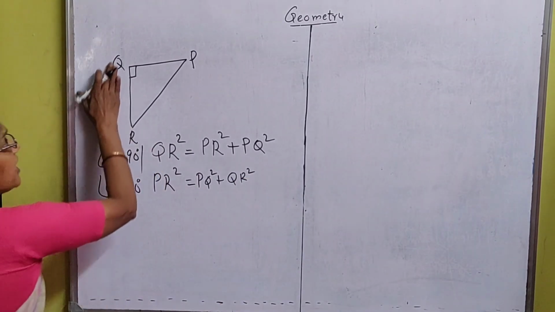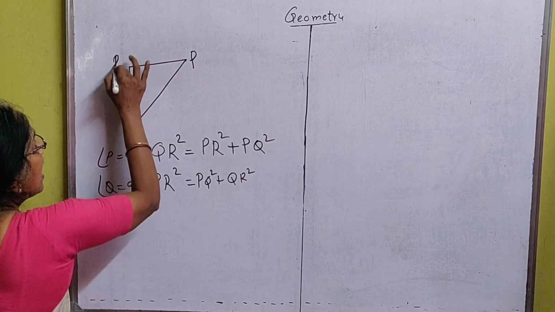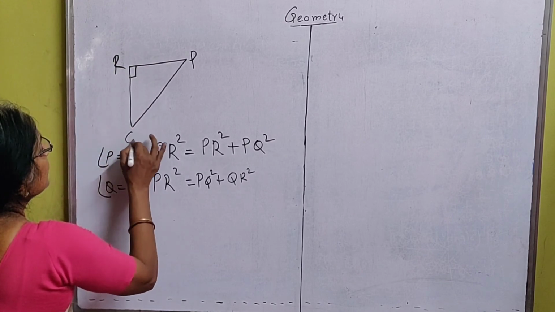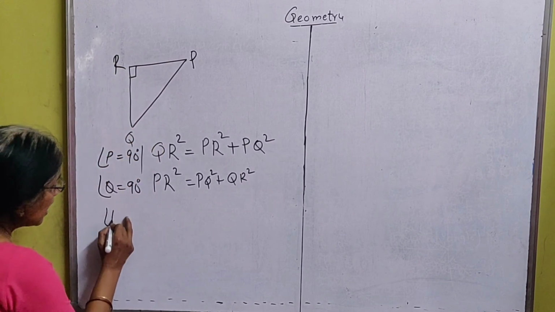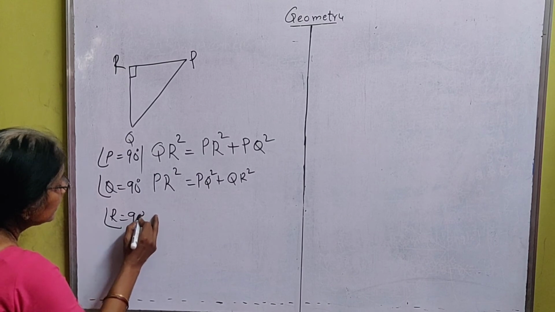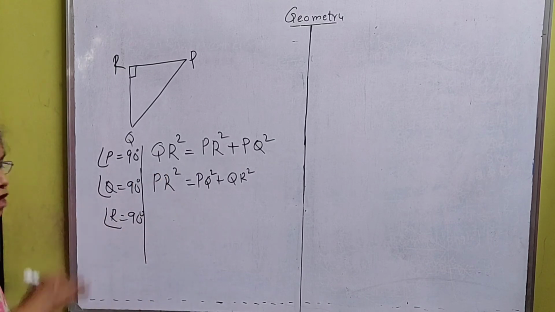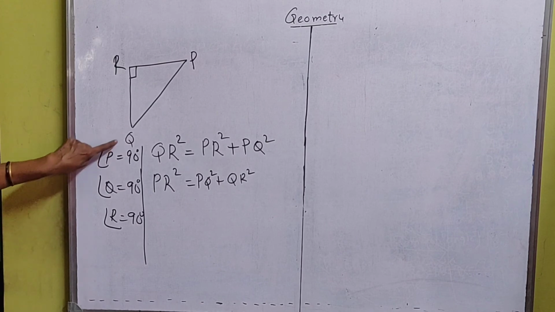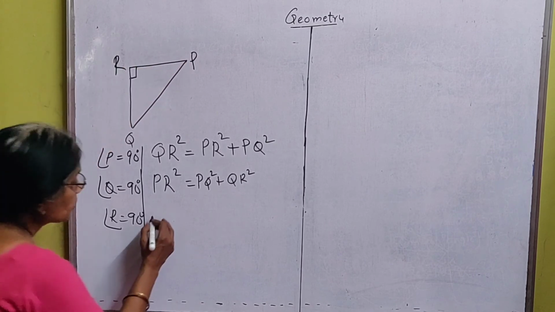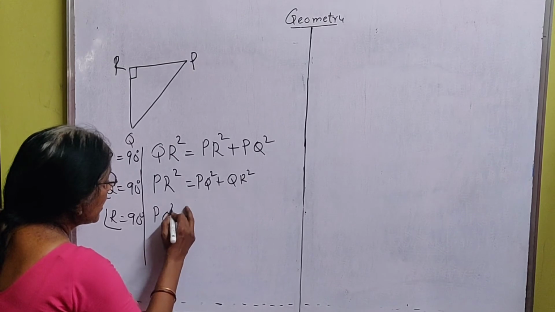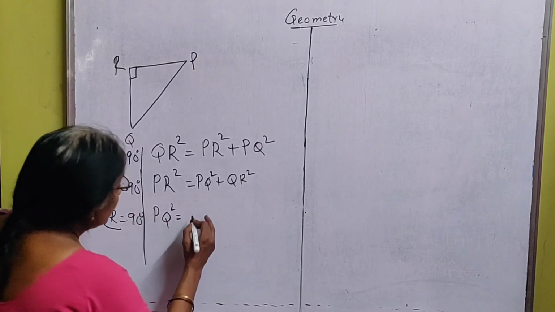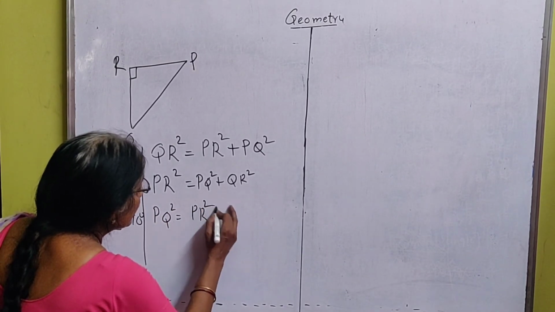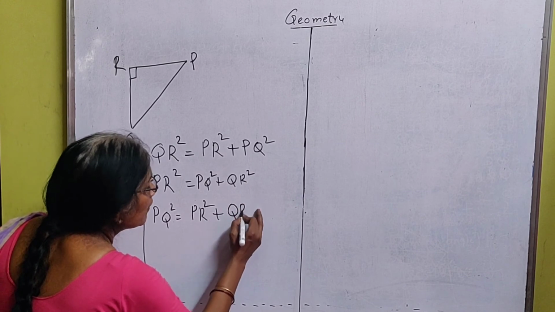Now I am going to change this and take R as 90 degree. So angle R becomes 90 degree. At that time, what will be your Pythagoras theorem? Which will become the hypotenuse? PQ. So PQ square is equal to PR square plus QR square.